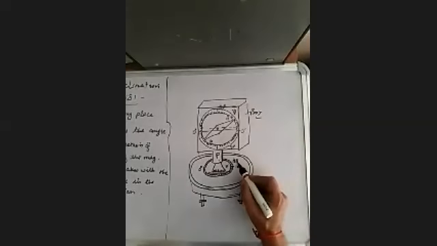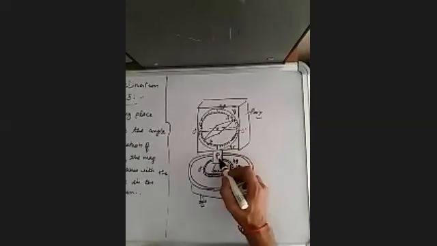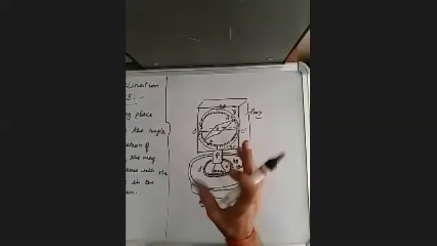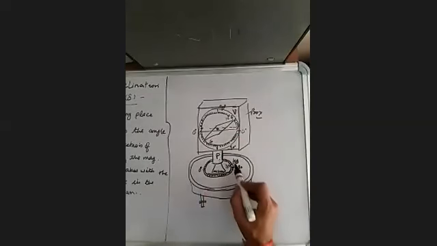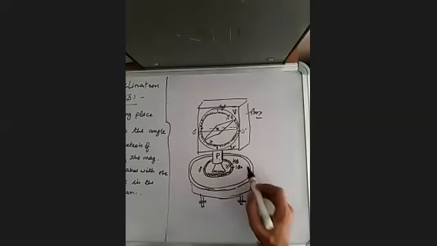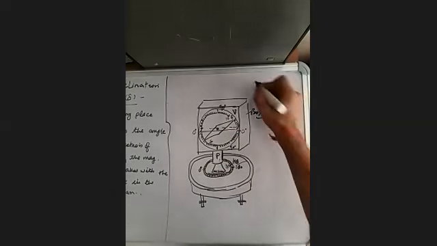This is a horizontal base on which this vertical scale is mounted on an axle P. It can turn in the vertical plane, and with this is connected a vernier scale, V dash, and this scale moves on a horizontal scale from 0 to 360 degrees, and this horizontal scale is mounted on a horizontal base, and it has a leveling screw. So that is the construction of the dip circle.